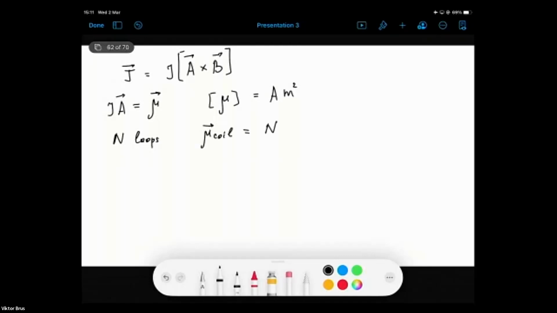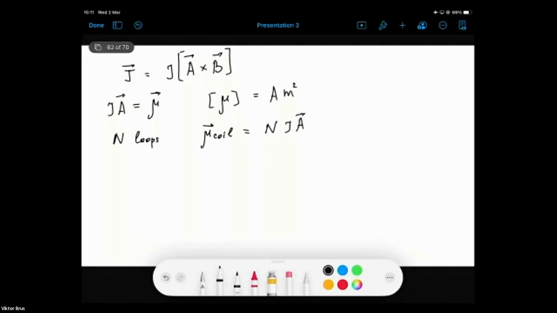We just need to multiply this number of loops by the magnetic dipole moment of each loop separately. So that is the current which flows through the loop times vector A.